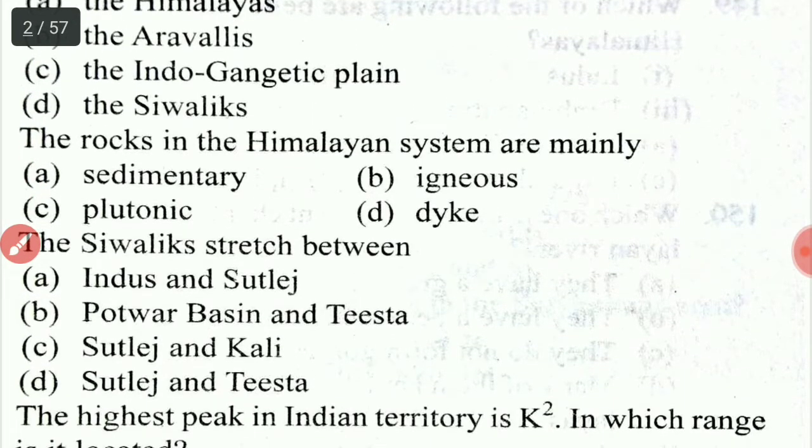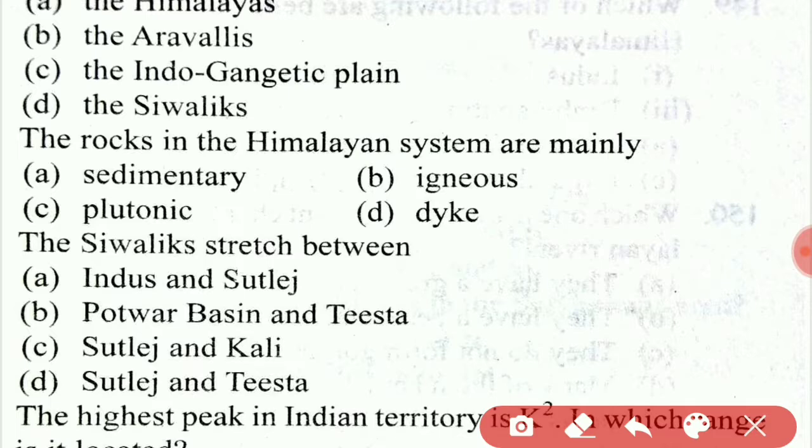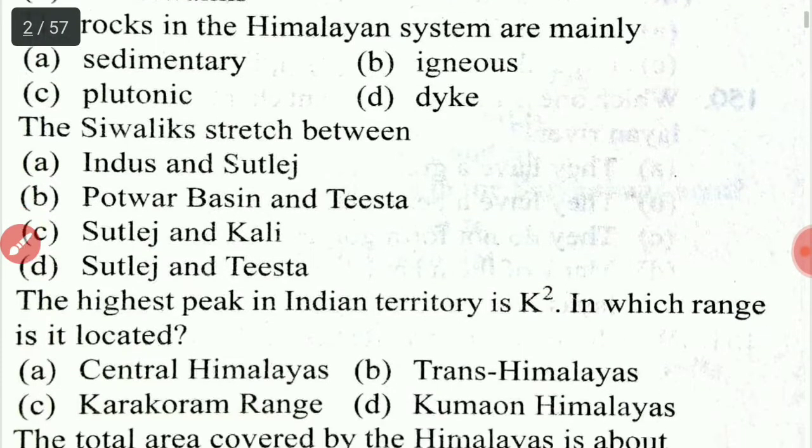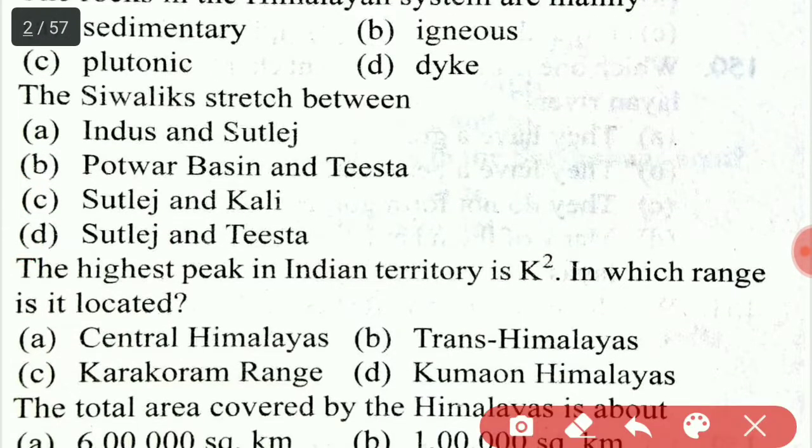The rocks in the Himalayan system are mainly sedimentary. The Sivalik stretches between Potwar Basin and Tista.